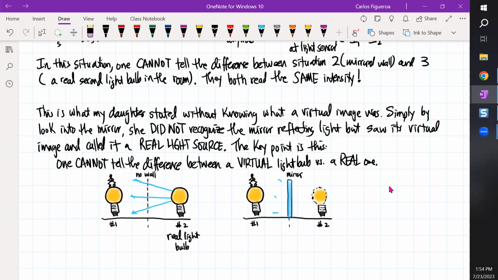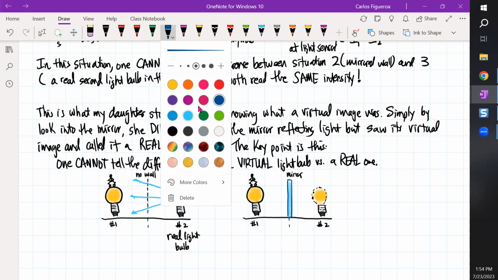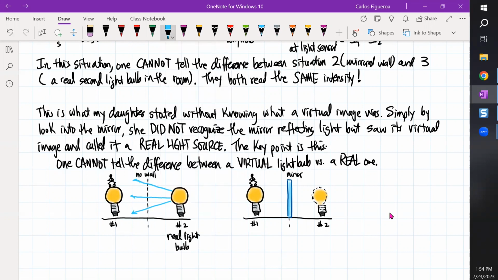So when I look at this and follow it back, my eye is telling me that this is where the light is coming from. And so this guy here is a virtual light bulb.